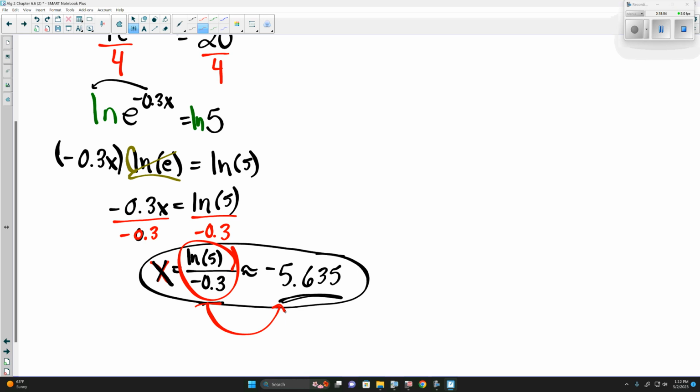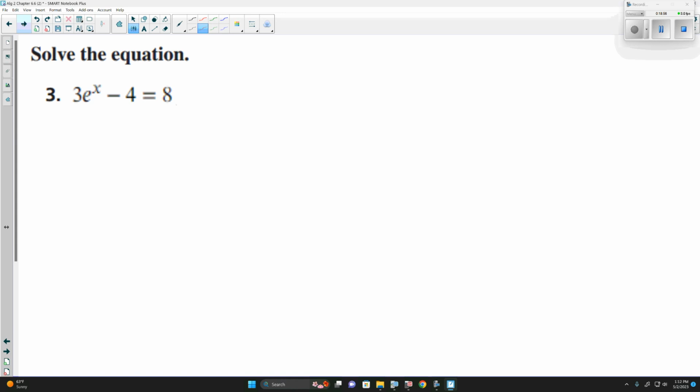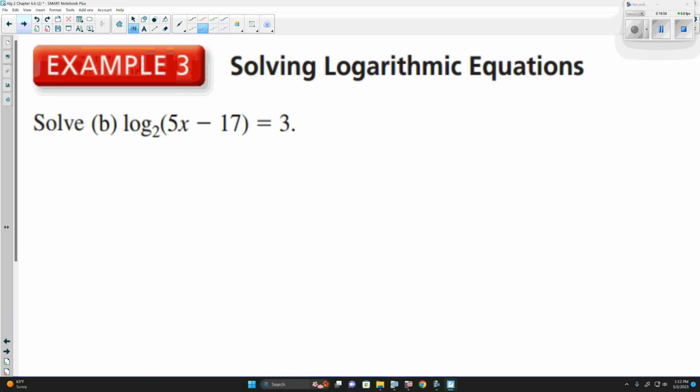Any questions on any of this here? Do we need to see another example of one of these? We feel comfortable with these? This is the last type we're going to look at. Log base 2 of 5x minus 17 is equal to 3.